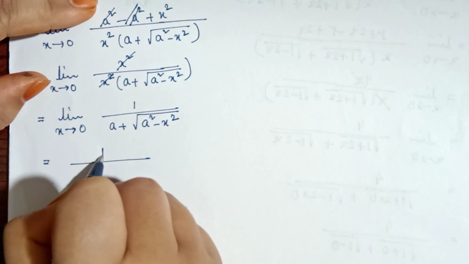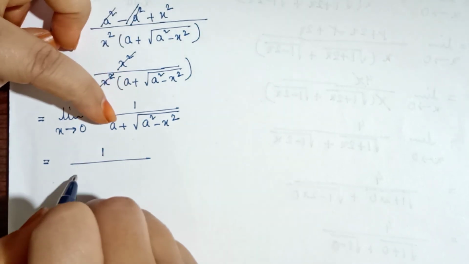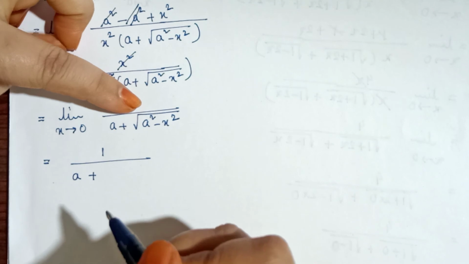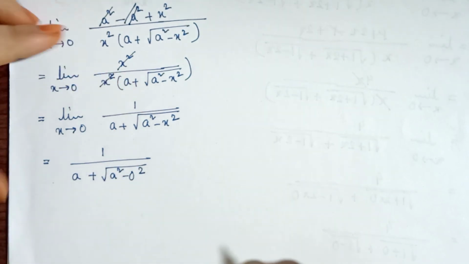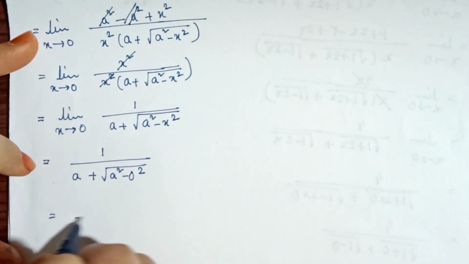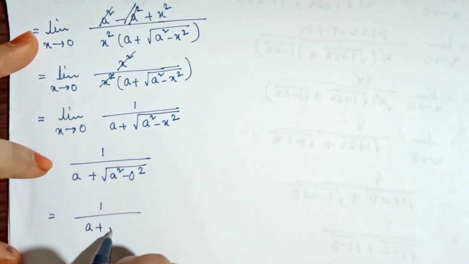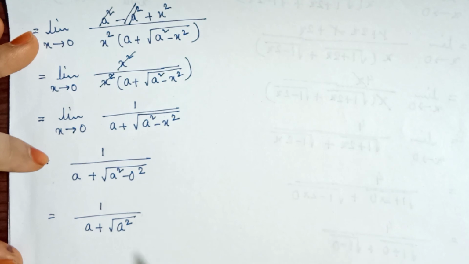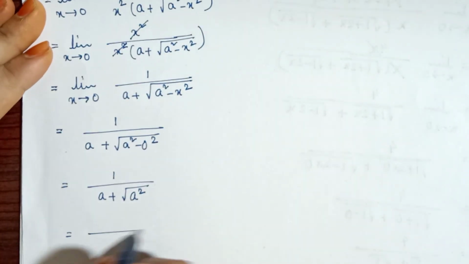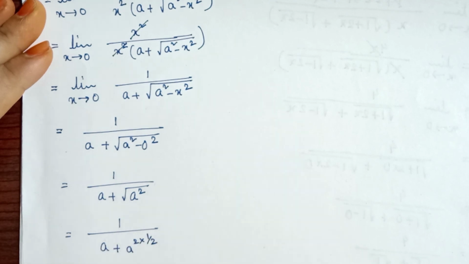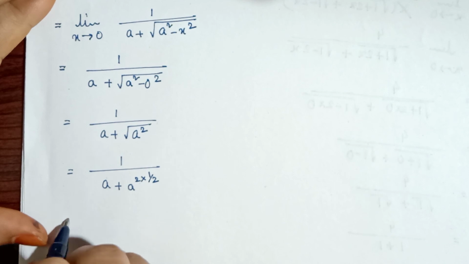So this is 1, then a plus this value is root over a square minus 0 square. So here it becomes 1 by a plus root over a square. Now this is a square and root over, so this is a plus a into 2 into 1 by 2.